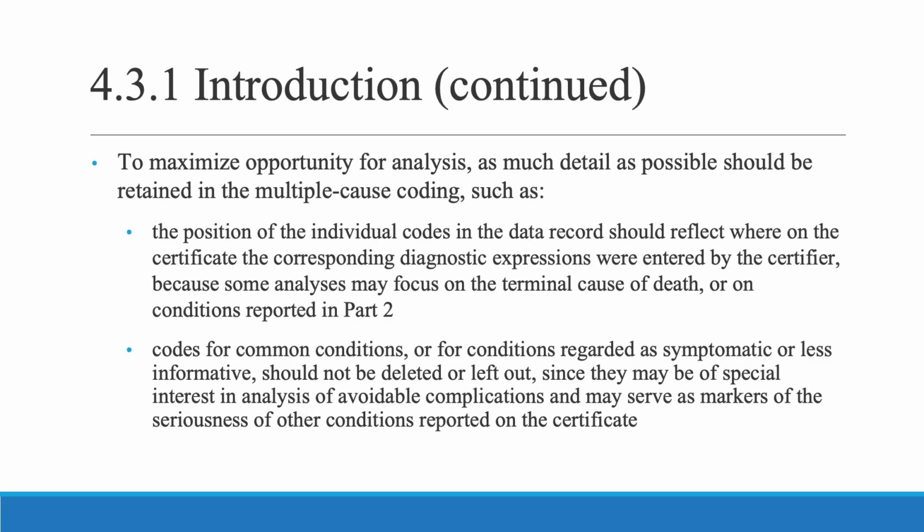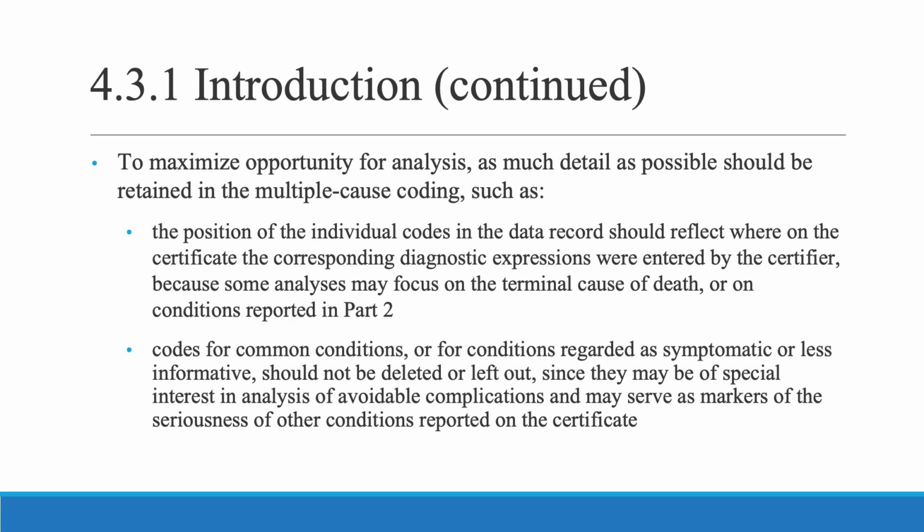Continuing with the introduction. To maximize the opportunity for analysis, as much detail as possible should be retained in the multiple cause coding, such as the position of the individual codes in the data record should reflect where on the certificate the corresponding diagnostic expression was entered by the certifier.